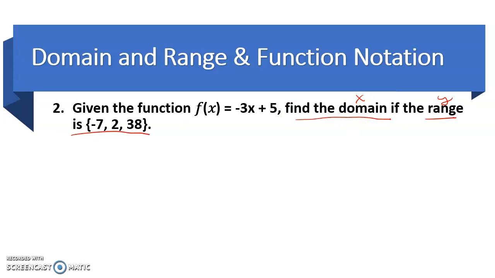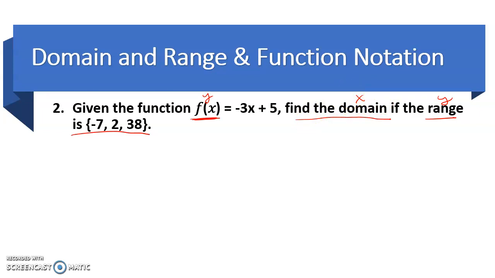We talked about how f of x just replaced y. So if the range is y and they're giving me the range, I'm going to plug the range in for y, which is f of x. Because I'm trying to find the domain, so I'm finding the x values, I should be solving for x.